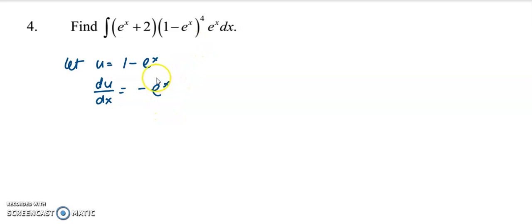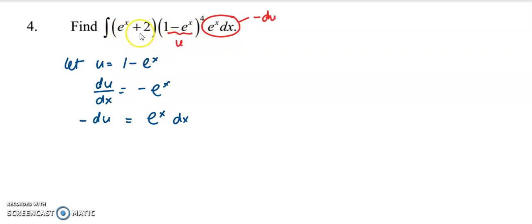Then I can see that this e^x actually appears in the question. There is the e^x over here. Then I can bring the e^x up here, and this e^x combined with the dx can form a negative du, meaning that this e^x dx can be substituted as a negative du. And the 1 minus e^x will become the u.